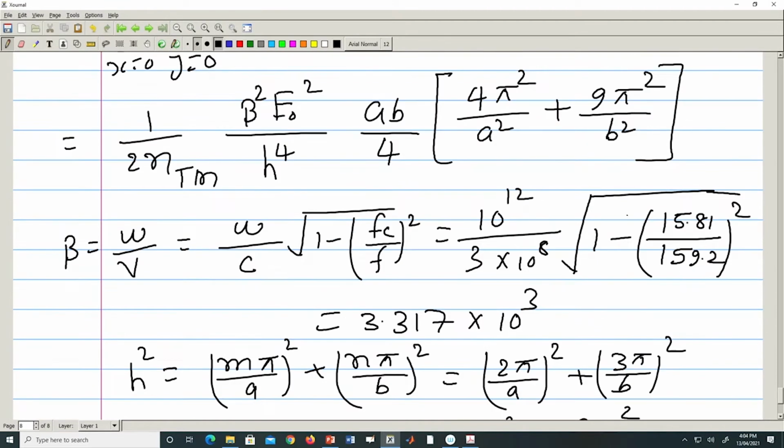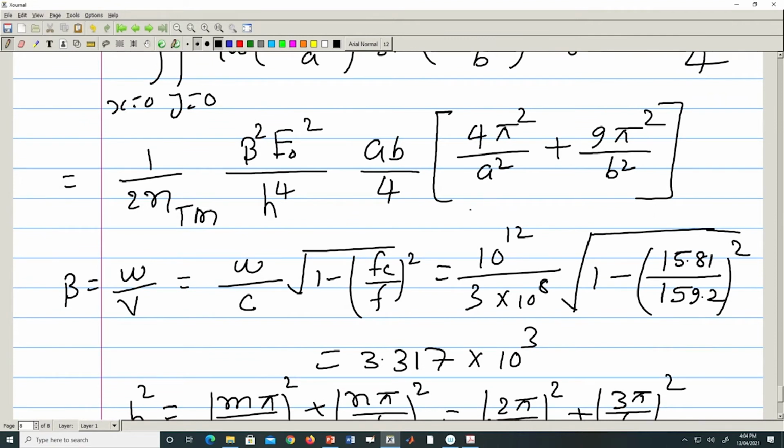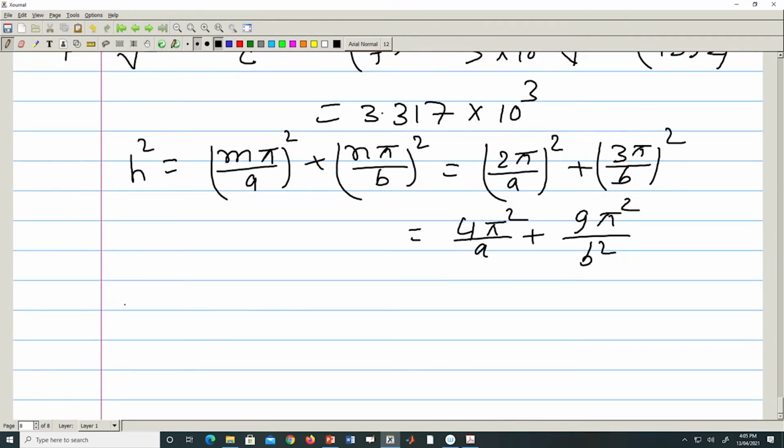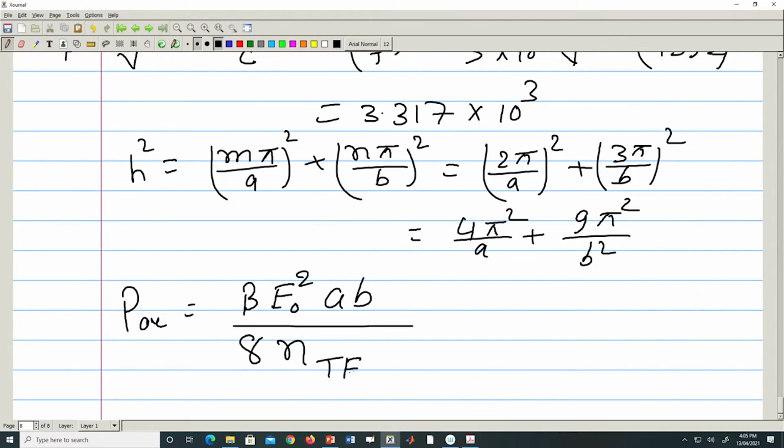We can see here that this total is h square, so we can cancel one h square from the denominator h to the power 4. The total expression for power average will be beta E naught square ab by 8 eta TM, for the TM 2-3 mode, into h square.